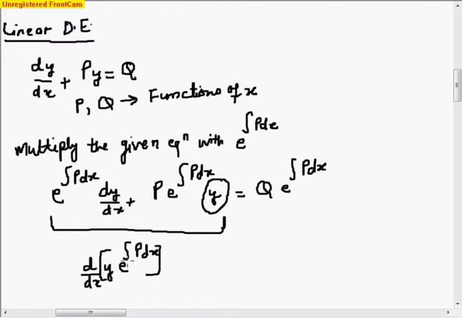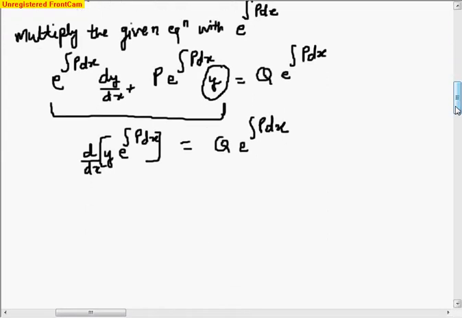How to differentiate e raised to power something? Differentiation of e raised to power something is e raised to power something itself, into the chain rule applies now: the differentiation of integration of p. That is p itself. Differentiation and integration are inverse processes, so you'll get p. So this left hand side is nothing but the differentiation of y e raised to power integral p dx, and this is equal to q e raised to power integral p dx.